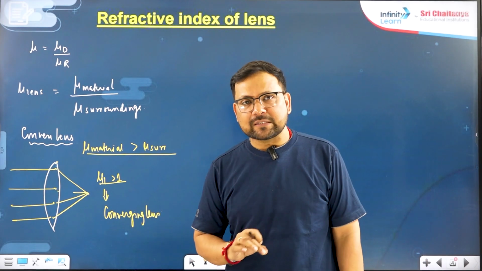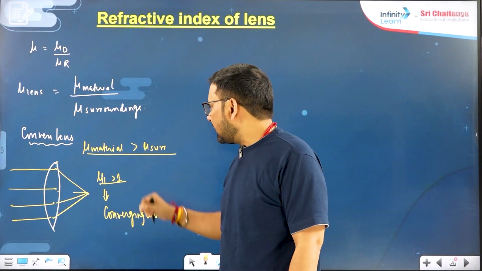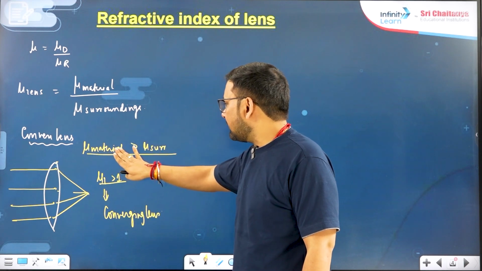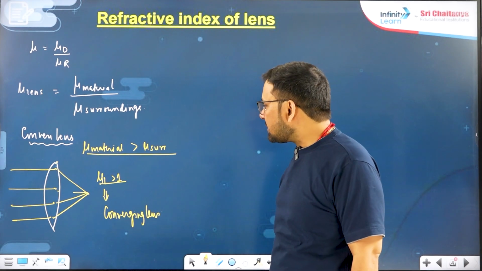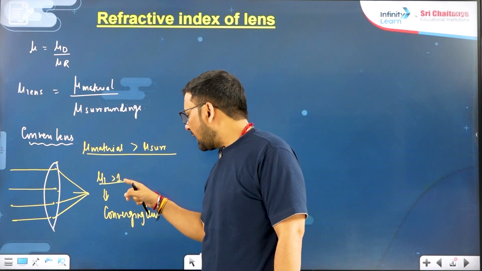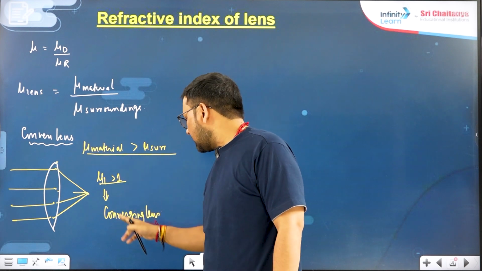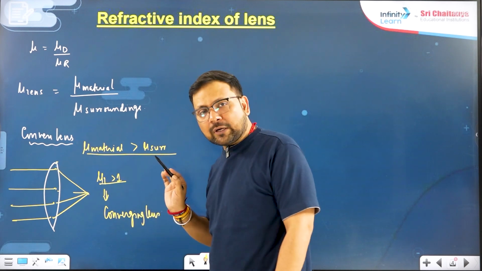From the name we will not decide. We will see the refractive index. If the material refractive index is more than the surroundings, then mu lens is greater than 1. In that case, convex is a converging lens. Got it?